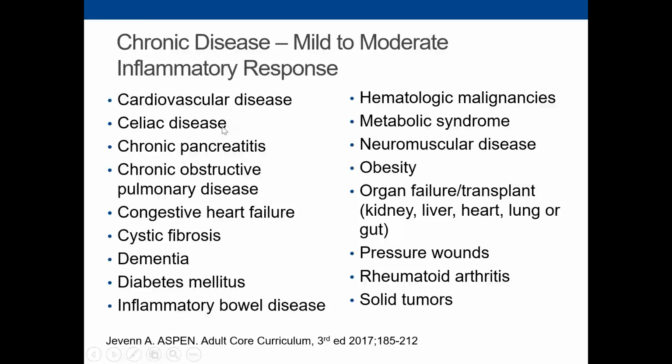But you can certainly see a lot of these are chronic diseases that do have an inflammatory component to them. And I think this is very helpful when we are diagnosing malnutrition and assigning an etiology to that individual patient's malnourished state.